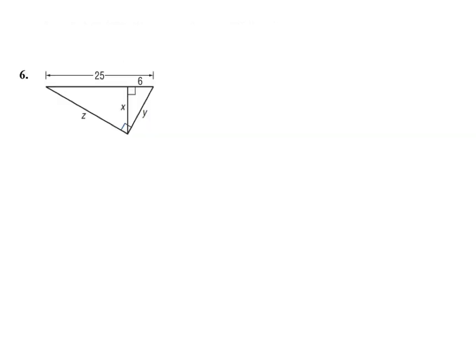Question number 6, same thing. Go ahead and label your triangle so you know what everything is. This is my 90-degree angle, which means across the way is my hypotenuse, which means this would be a leg, this is a leg, and here is my altitude.